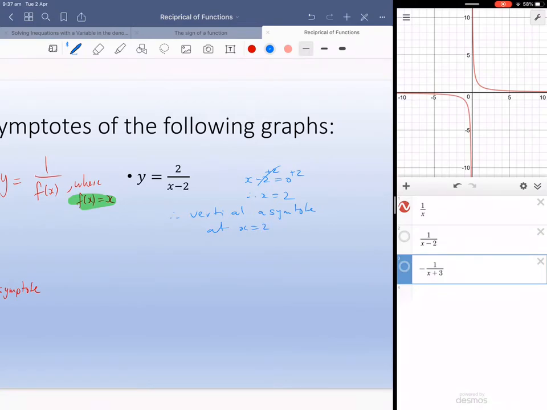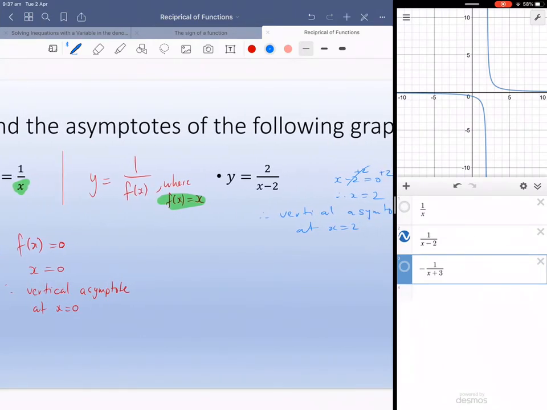I've got this ready on Desmos as well, so let's have a look. I can't draw on Desmos, but you can see that there's a vertical asymptote at x equals 2 where the graph does not cross. So it's a really powerful thing to make the denominator equal to 0 and we can find it. Now these are really easy, but you'll get things like quadratics, which get a bit harder.